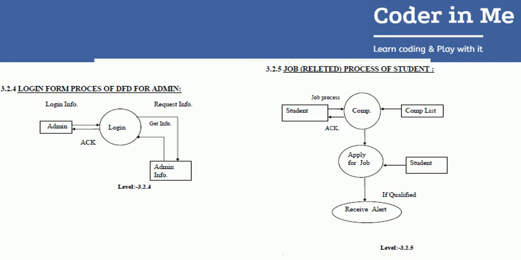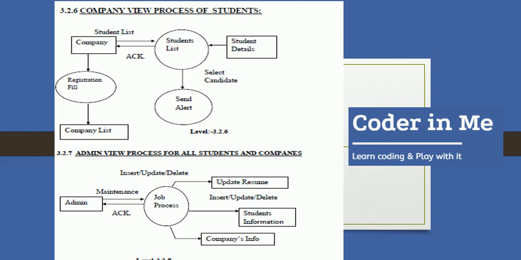Admin can also log in, and their info can be updated by this. Now if a student wants to apply for a job, the student will get the company details, and after that the student will apply for the job. If that is verified, an alert will be issued for that student. So that's how it will work.